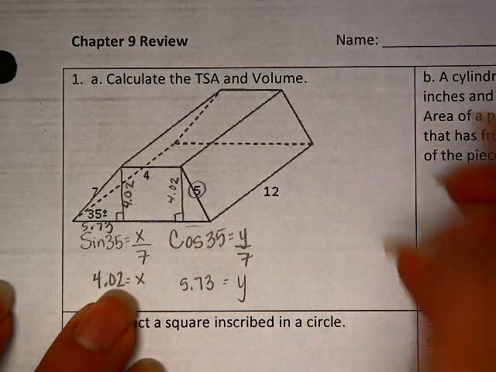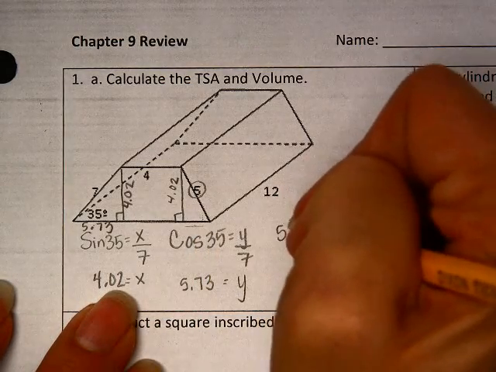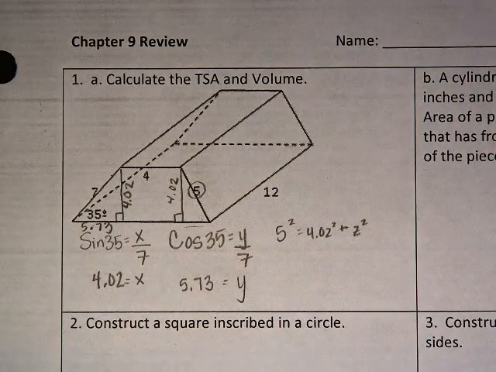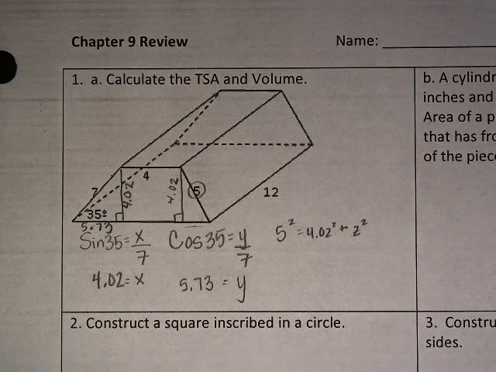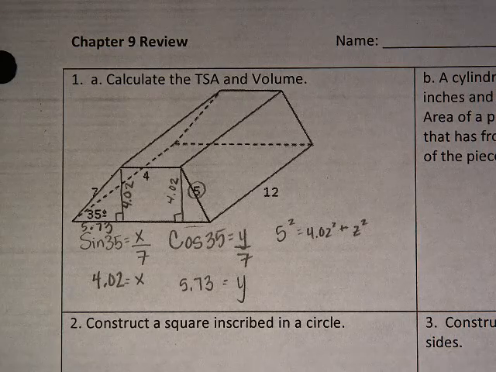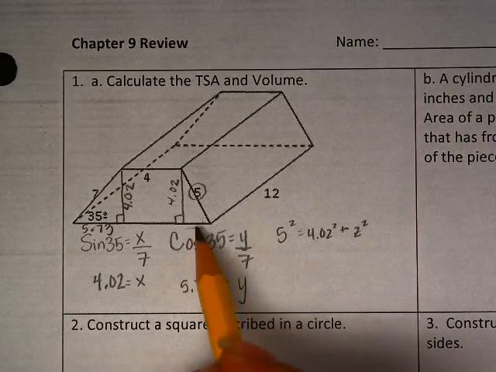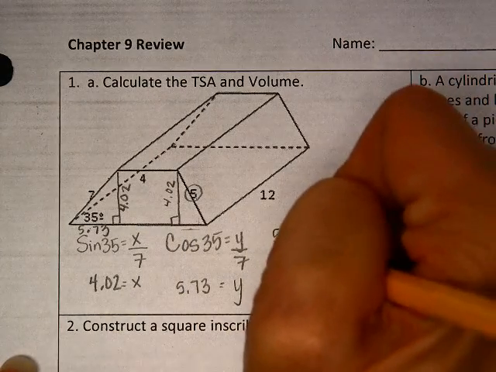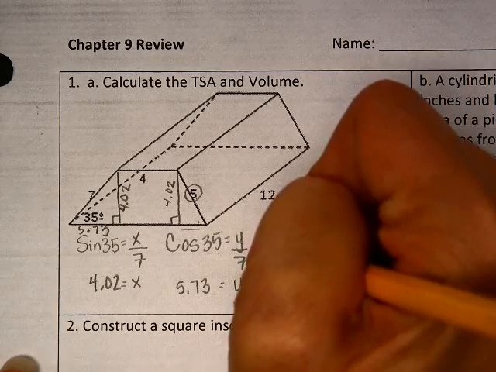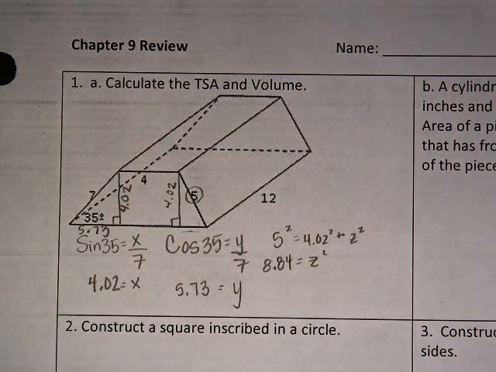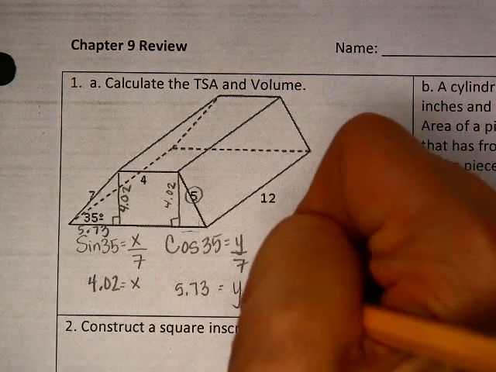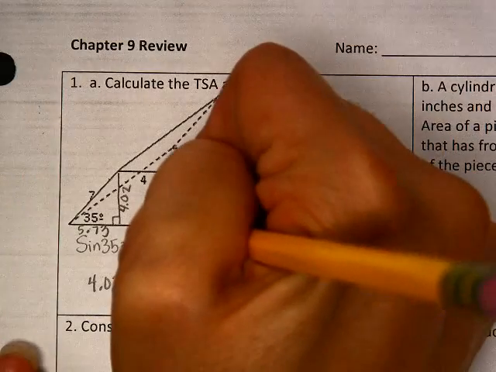So Pythagorean theorem is definitely my best option. So we'll do 25 minus 4.02 squared. Oh, and that is 8.83, but that is what z squared is. That must have been how students got that wrong today. And so then I would square root the answer and get 2.97.